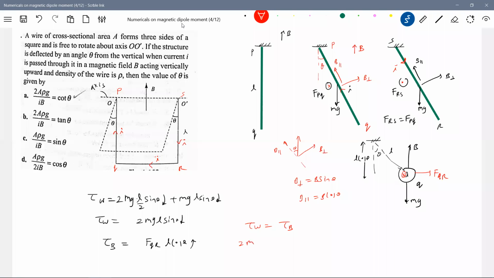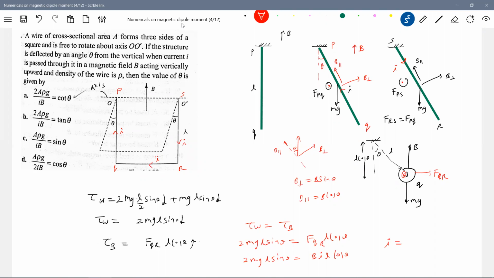So this will become 2 mgL sine theta equal to FQR L cos theta. What is the value of FQR? That we will substitute. So 2 mgL sine theta should be equal to BIL into cos theta. One L gets eliminated.